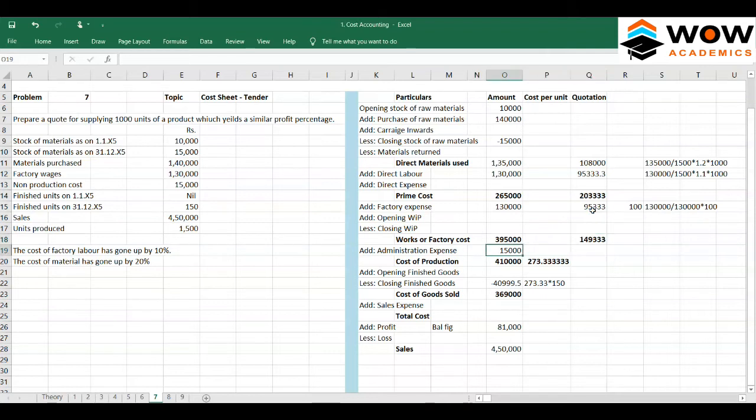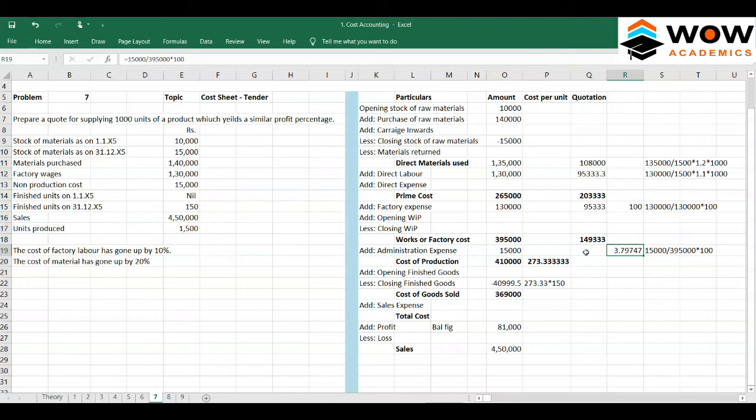So our next number is going to be administration expense. So administration expense, you can get it as a proportion of your works cost. So we'll try to get that. So 15,000 is a percentage of the works cost, which is 3,95,000 into 100 we'll put. Let's get the proportion. The proportion is 3.8.